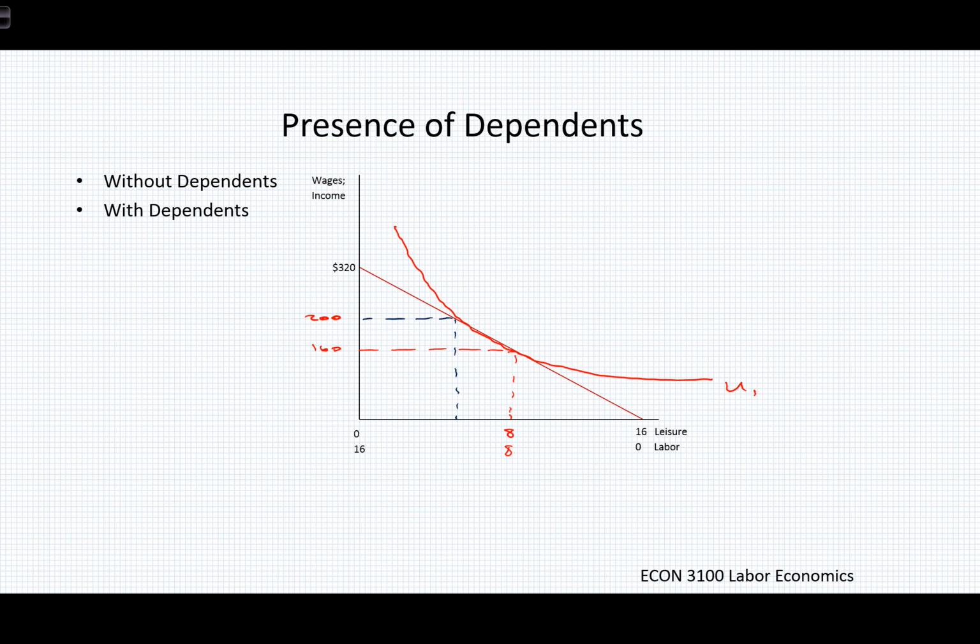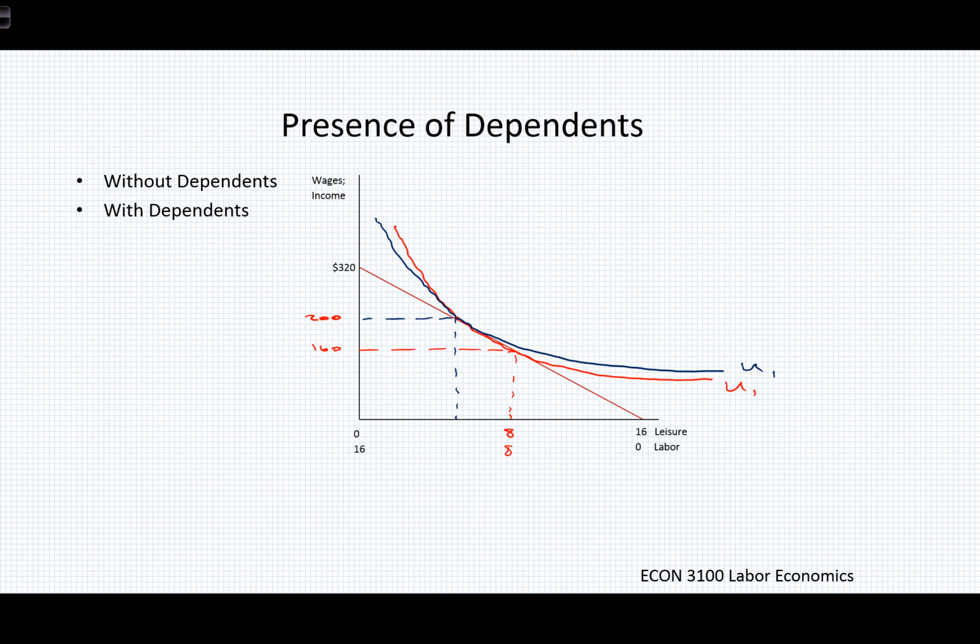In which case, we're going to see a shift in our indifference curve upwards from U1 to just some different U1, same level of happiness, but now it's based upon an increase in dependence in the household that brought about an increase in expense in the household.